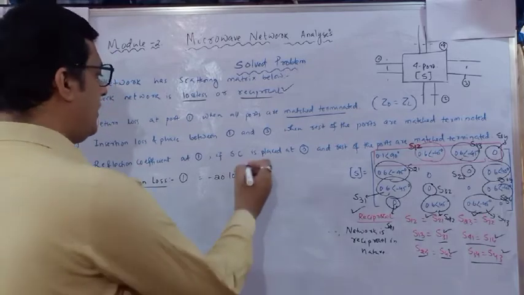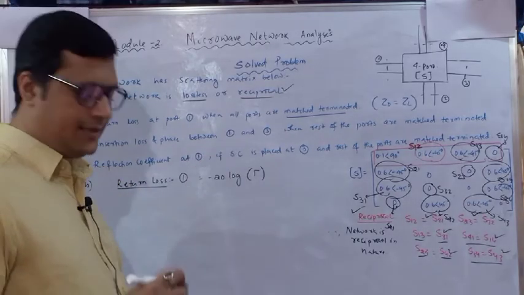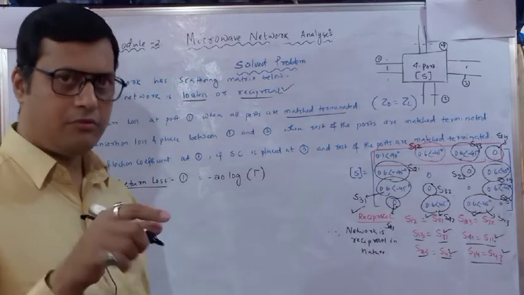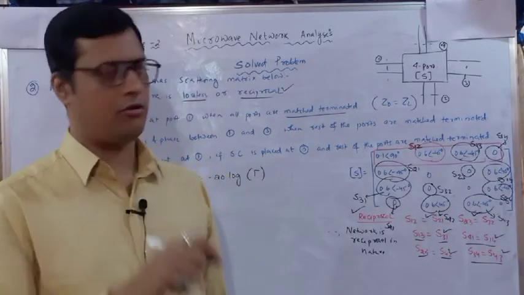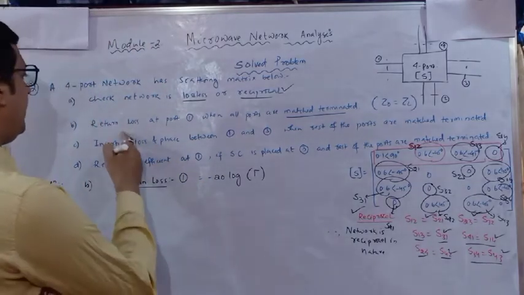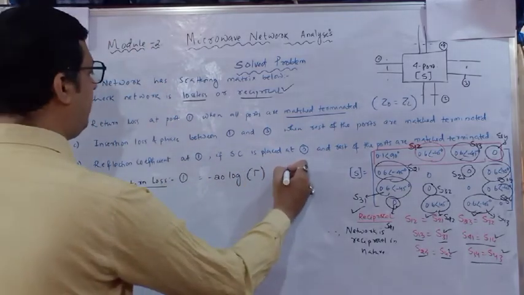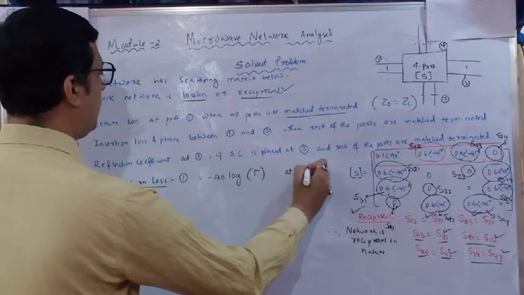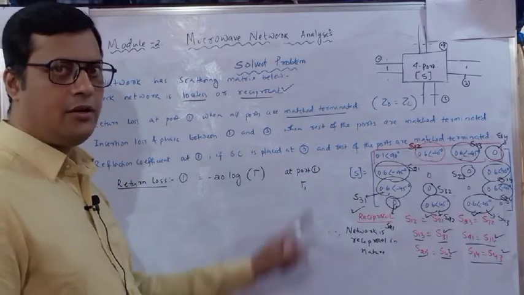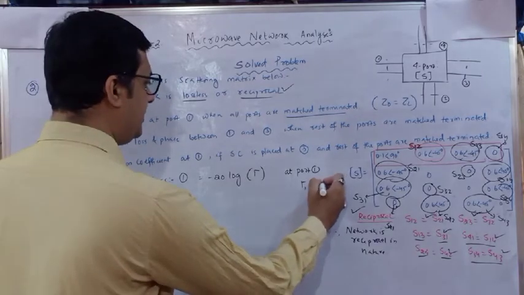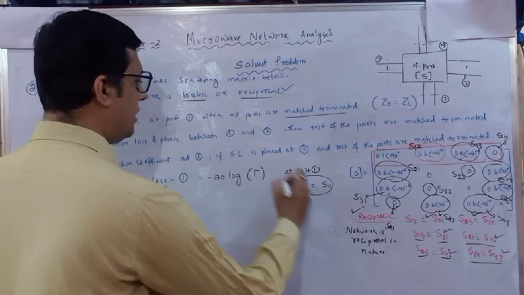Now what is this reflection coefficient? This reflection coefficient can be for port 1, port 2, port 3, or port 4. But since here it is given, we have to identify it at port 1. So that means reflection coefficient 1, and what is it? It is S11. Remember this.